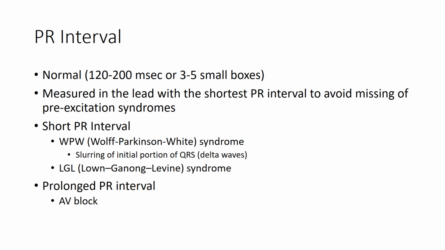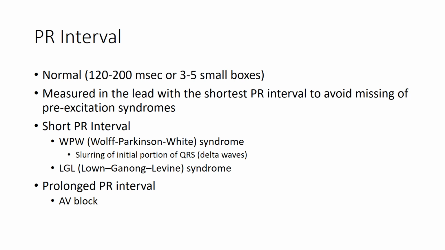Before discussing the PR interval, I will discuss a concept about the ECG paper, that the smallest box on the ECG paper, when taken horizontally, represents 0.04 seconds or 40 milliseconds.